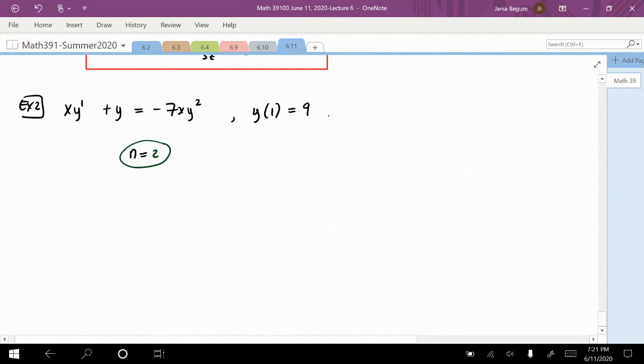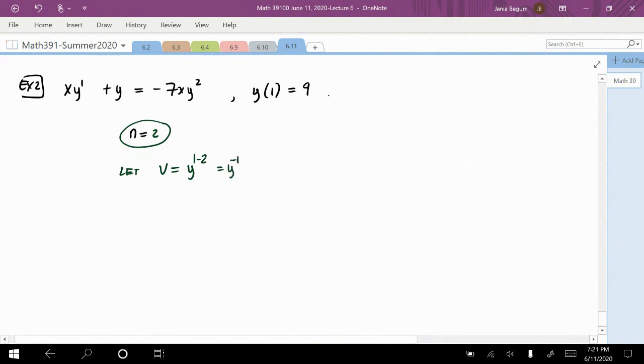So if n is 2, we're going to use the substitution v is equal to y to the power 1 minus n, so that's 1 minus 2, y to the negative 1. And then we differentiate this. So instead of writing dv dt, I'm just going to write v prime.